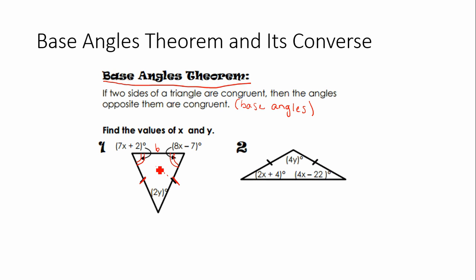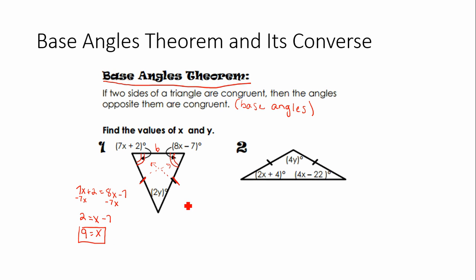Again, they are the ones that are across from the two congruent sides. Those base angles will be congruent to each other. So if we were to set up some algebra here to solve, we'd say the 7x plus 2 angle has to equal the 8x minus 7 angle. And then get your x's together here on one side. We'd have 2 equals x minus 7, add 7, so x would equal 9.